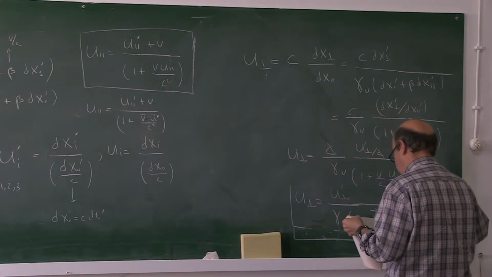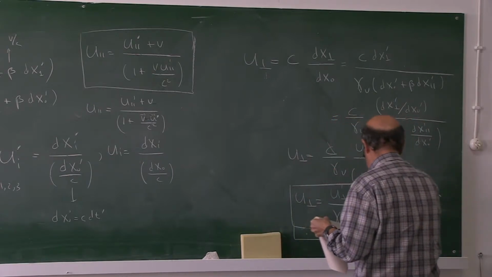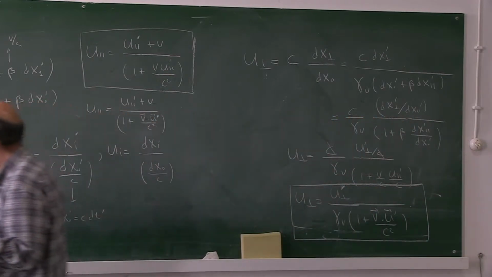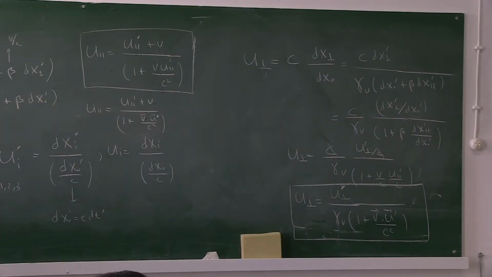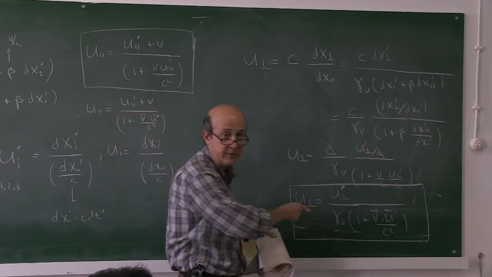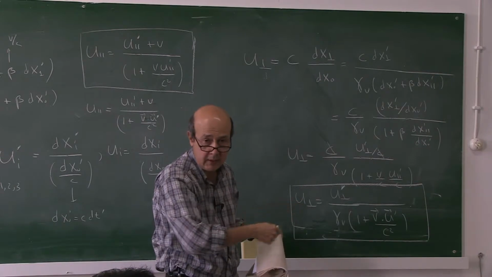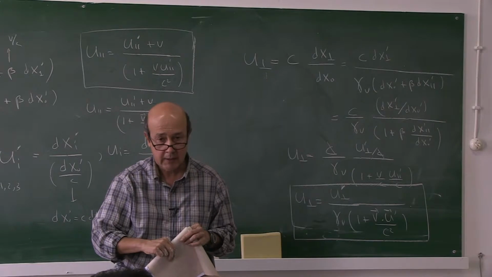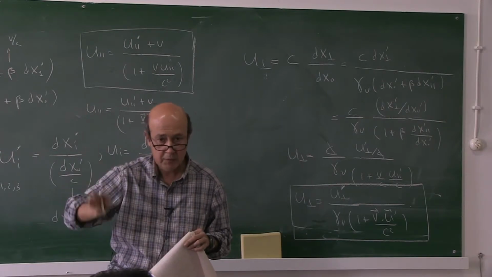the perpendicular component of the velocity seen at the K frame, this frame, goes to 0 if the gamma factor is huge, if it is 1000, for example. That means that you will notice only the parallel component of the velocity.